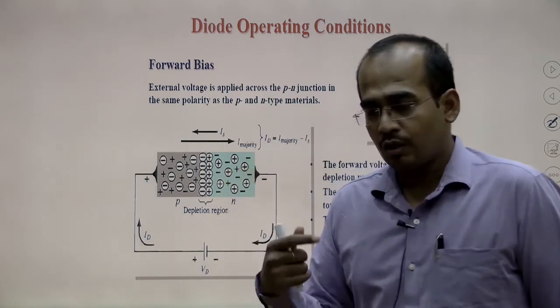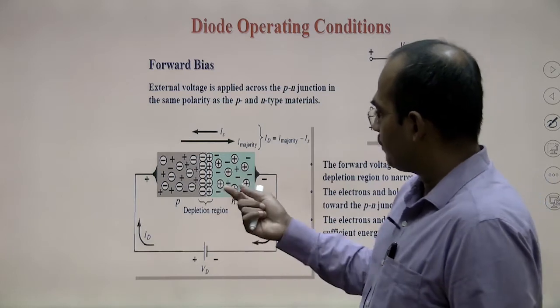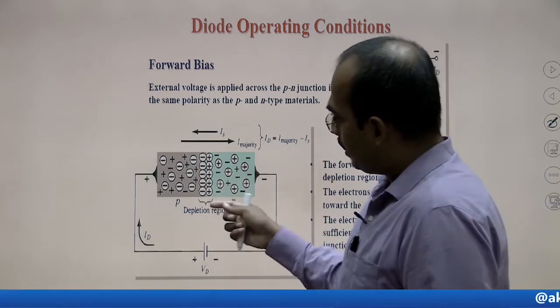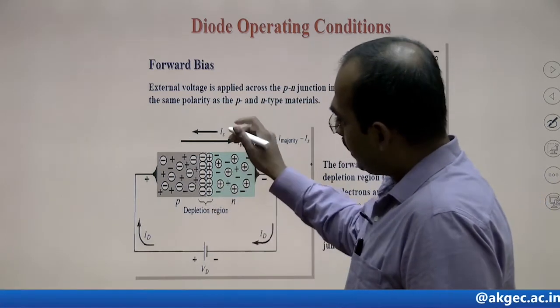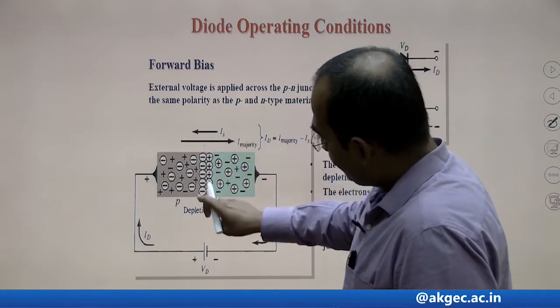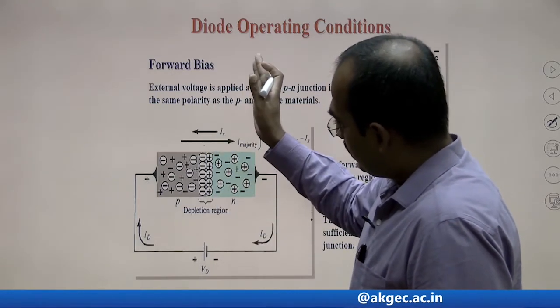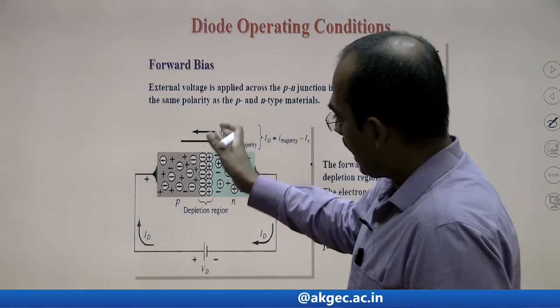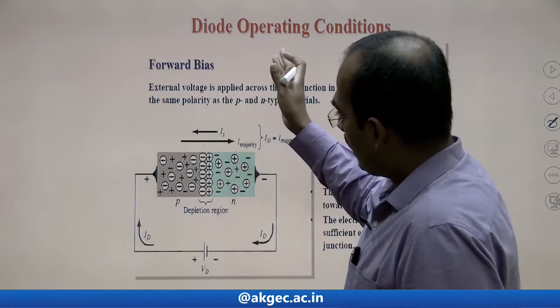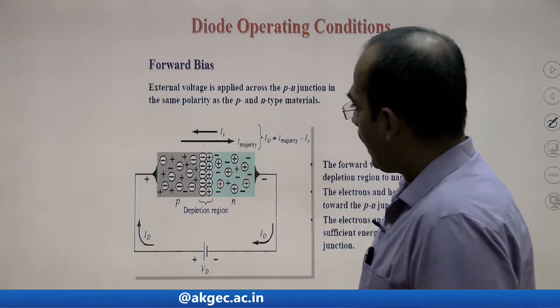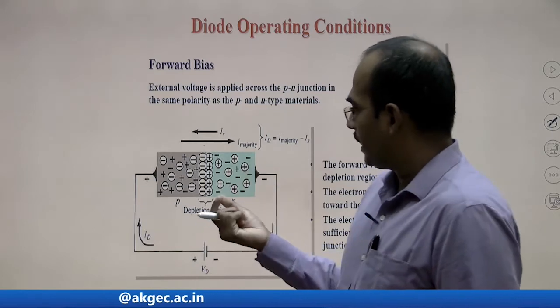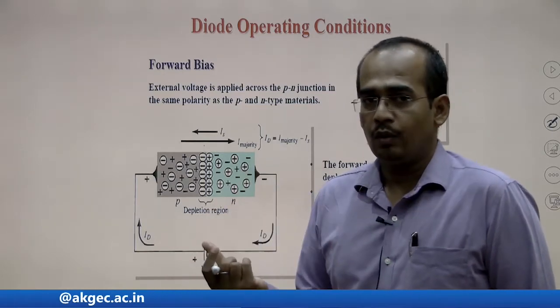This process will continue, and the charge depleted at the two sides of the junction will collapse towards each other, and the width of the depletion layer will become narrower.